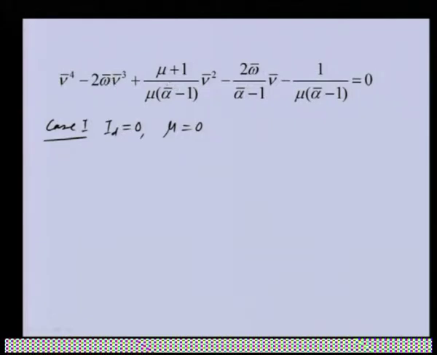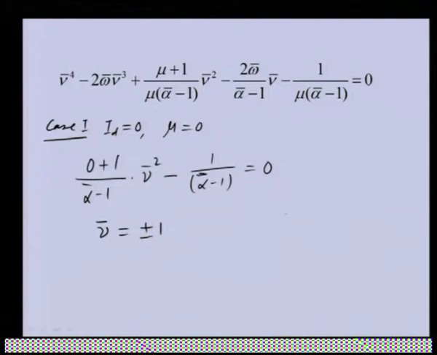From the second term we will get 0 plus, from the third term we will get 0 minus alpha 1 bar nu bar square, and from this expression this will vanish because this will get multiplied by this mu. So, the last term will give us alpha bar minus 1 is equal to 0. So, you can see the solution of this will be nu bar is equal to plus minus 1.